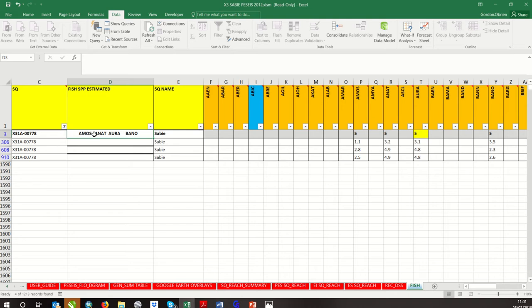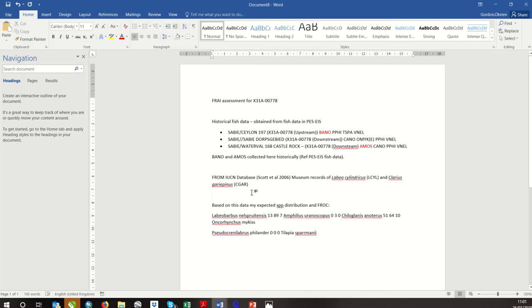Now you must argue again why you're doing what you're doing. So I'm going to add here and say from IUCN database, museum records of A. cylindricus and Caparinus observed in X31A. Based on this, added to expected species list.